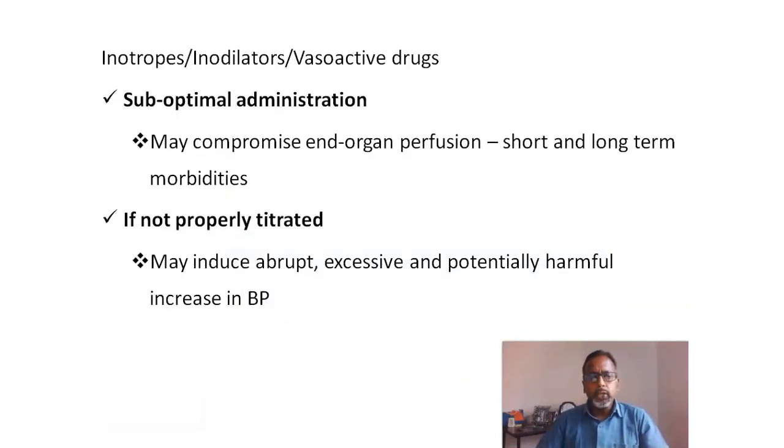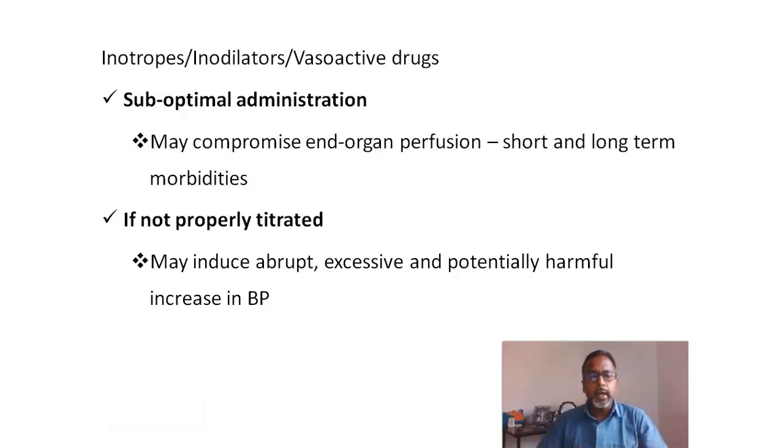Now, when you use an inotrope, inodilator, vasopressor or vasoconstrictor, what are the two important things we should make sure don't happen? One is suboptimal administration. If the drugs are administered suboptimally, that may compromise end organ perfusion, so it may result in short and long-term morbidities.